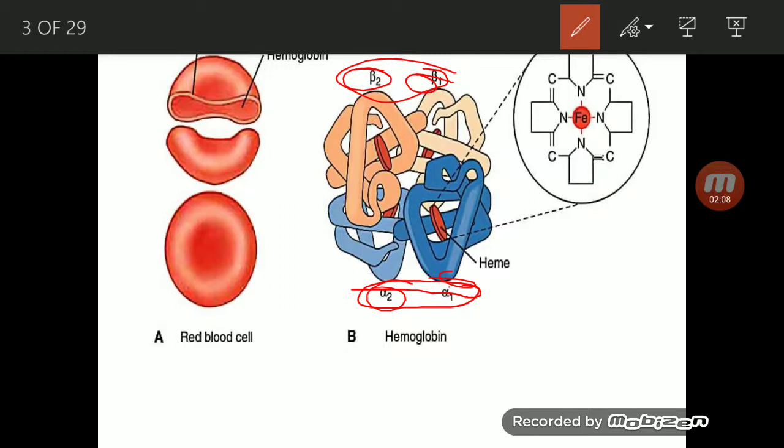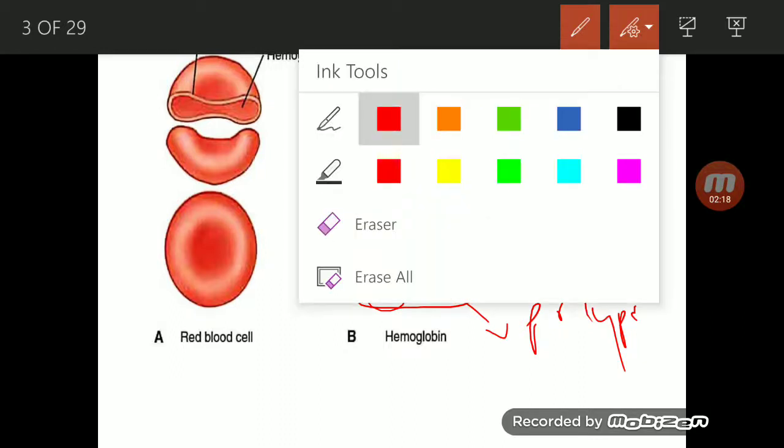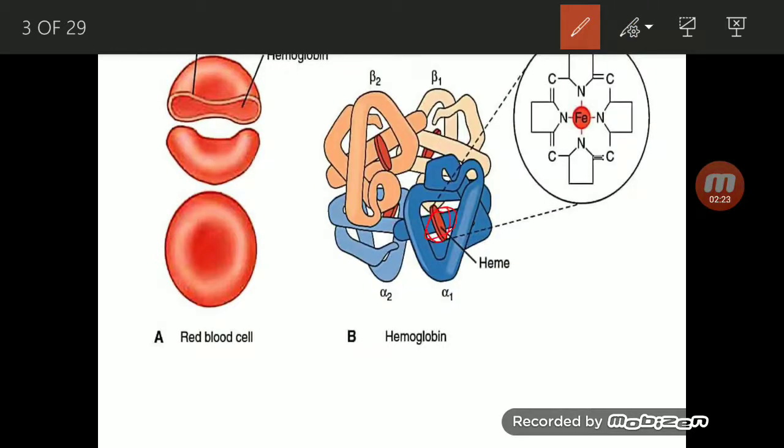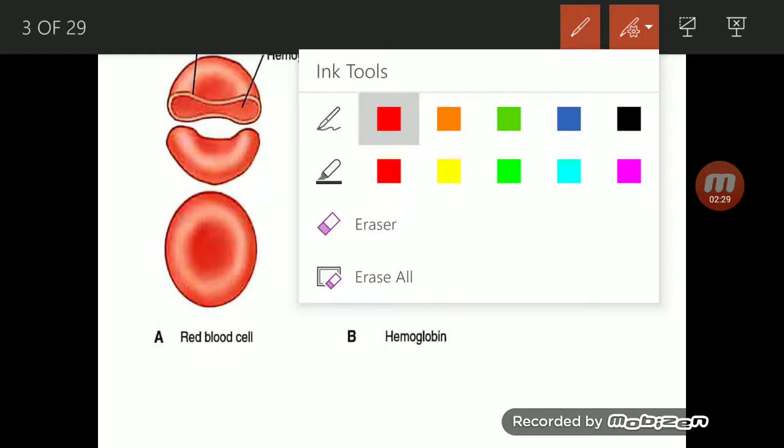And these chains are all polypeptides, which means they are made up of amino acids. At the center of all of these four chains there is a presence of the heme moiety. So this is the structure of your heme.